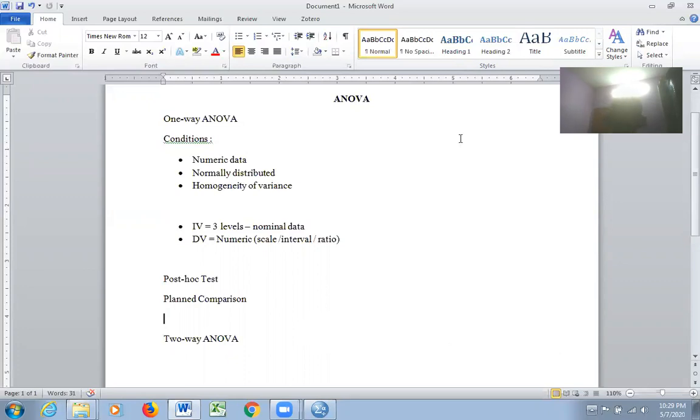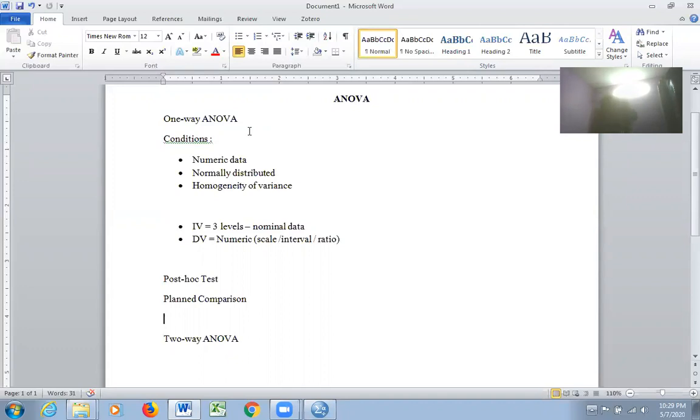Fine. And ANOVA tells you whether there is a significant difference among three or more groups of respondents. For example, if you conduct a test among three groups, assistant professors, associate professors, and professors, in terms of the number of their publications, then ANOVA will tell you whether there is a significant difference among these three groups.